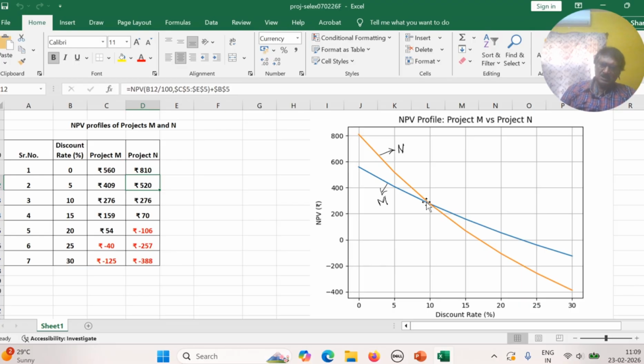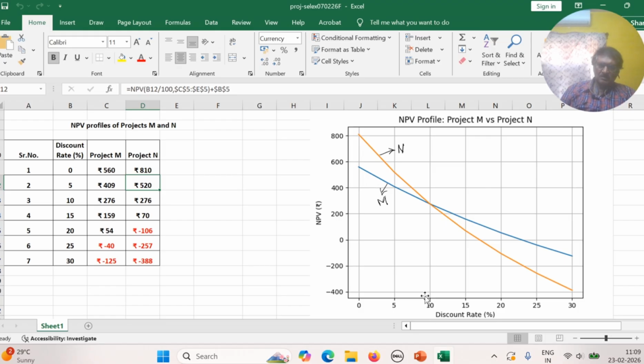That means you can select any project, if you consider NPV as the tool for selecting a project. But if your discount rate is less than 10%, then you should accept project N, as below 10% the NPV value is always more for N with respect to M. You should not accept M.